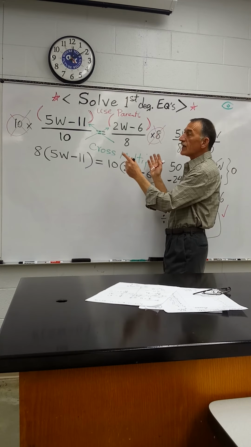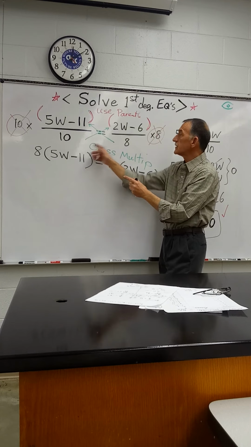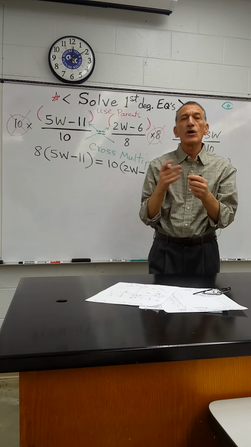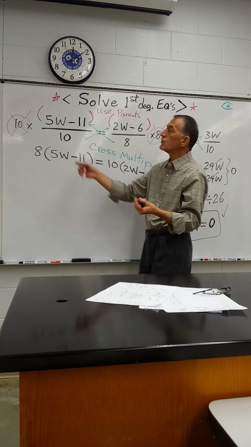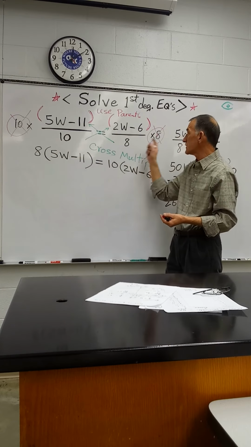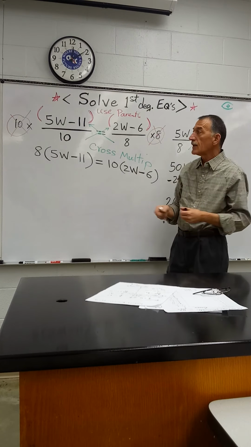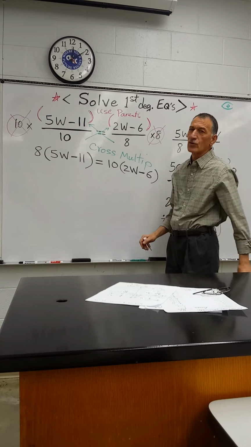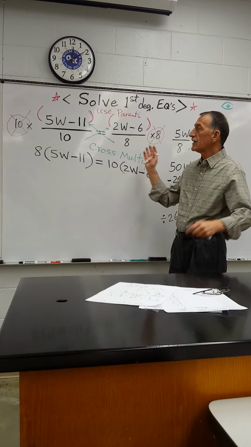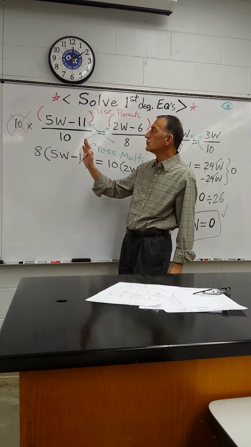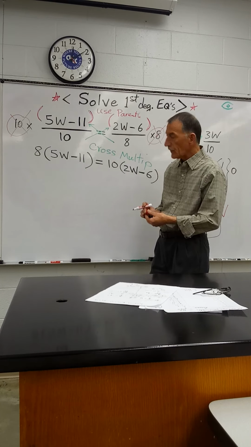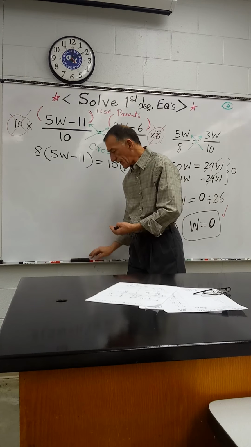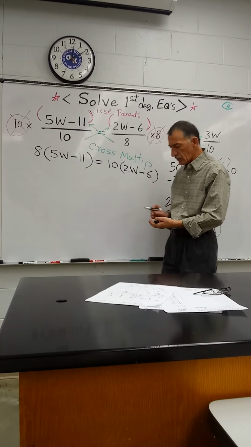If you multiply both sides by 80, yes, because 10 times 8 gives you 80, which is a common denominator. But the LCD would be 40. What if you multiply this side by 40, multiply this side by 40? Yes, that would be good. But two different numbers? No. You cannot do that. And definitely you get the wrong answer. So it has to be perfect. Everything has to be 100% correct. So therefore, don't do that. Don't multiply both sides by two different numbers.